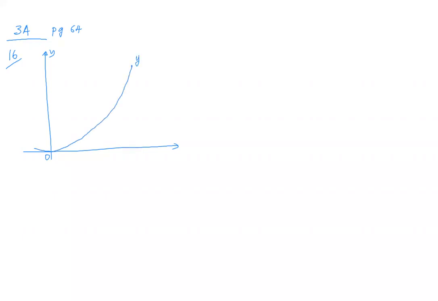We have y equal to ax squared. And the other one is y equal to ln x. So this is 1 here. Okay, they touch each other at point B, where the x coordinate is b.